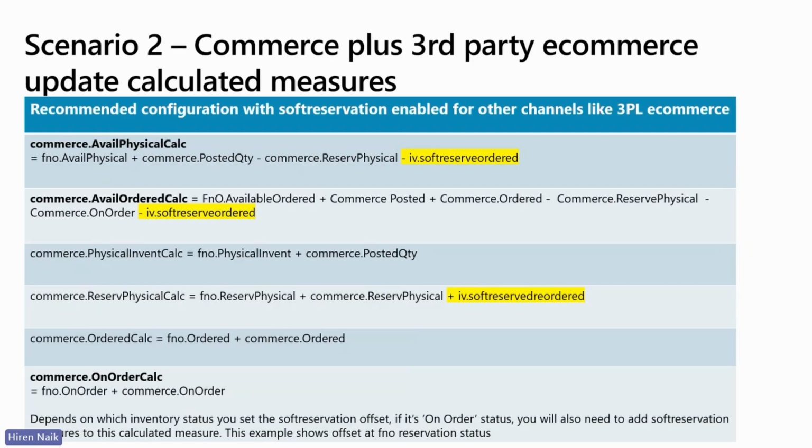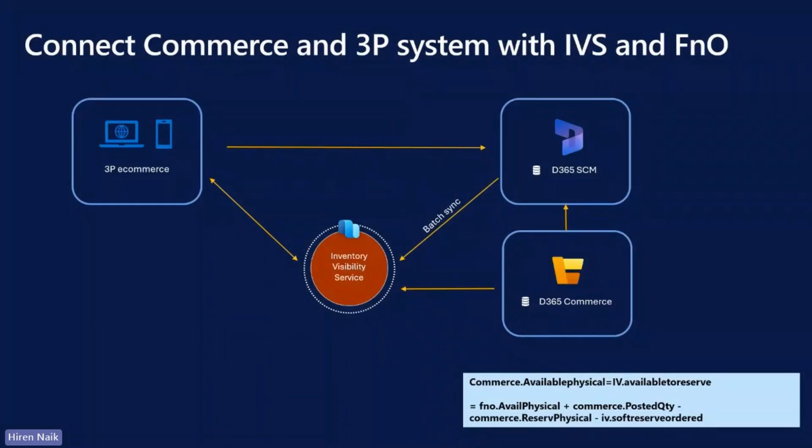However, this example shows the offset set at the hard reservation status in F&O. In that case, there's no need to modify this calculated measure.